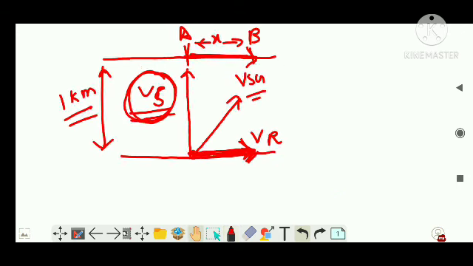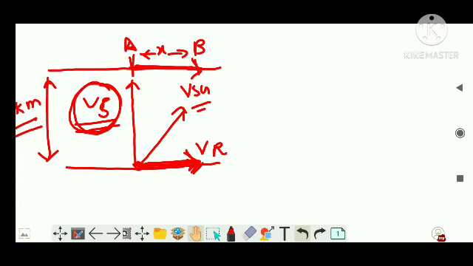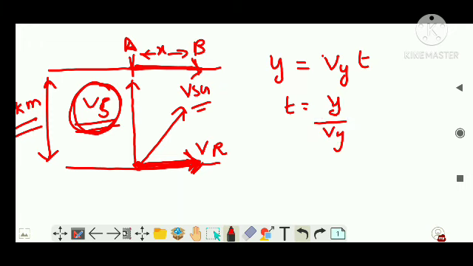So vertical displacement is caused by vertical velocity component, and horizontal displacement is caused due to horizontal velocity component, right? Now let's say vertical distance, let's say y, is equal to velocity in y direction into time required by it, right? So I can write time is equal to y displacement divided by velocity in y direction, right?